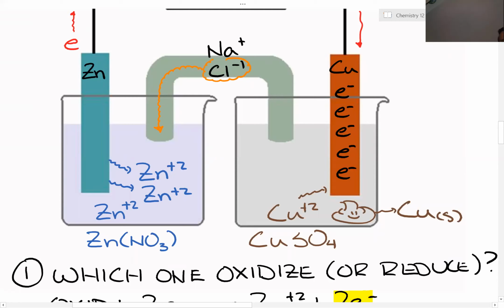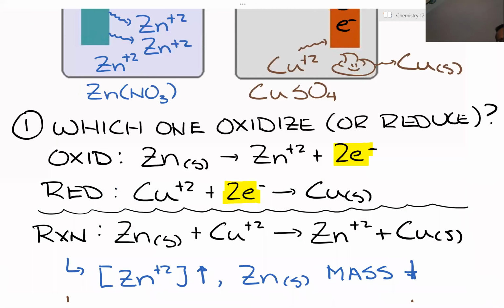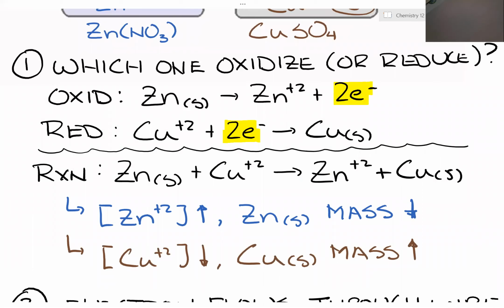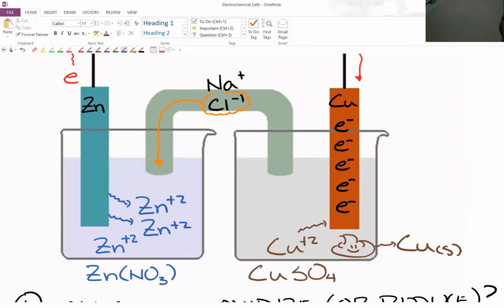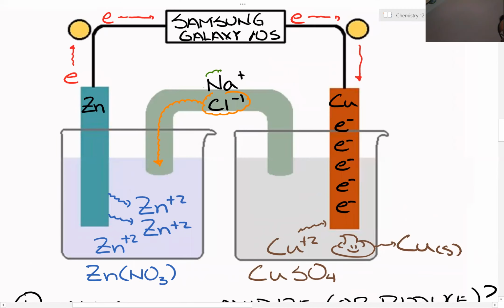Okay? Now, because the copper 2+ ion concentration decreases, you're going to get less and less positive charge in the copper half reaction. And so to neutralize that, if we have sodium here, it will move over to balance out the decrease in copper charge. Now, you might say, well, Mr. Chan, what happens if the salt bridge runs out?